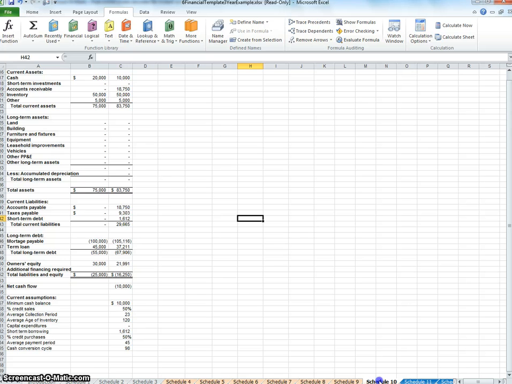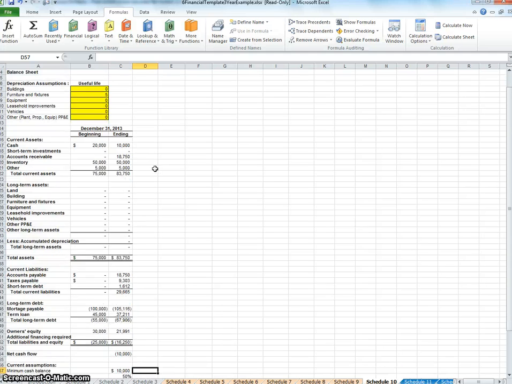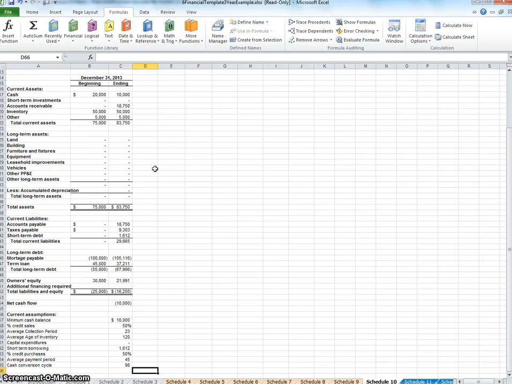And then lastly, Schedule 10, this is the balance sheet. So you can populate useful lives here. This is going to impact your depreciation figures. But just at a glance, this kicks out a balance sheet that is slightly off, and there's my problem.